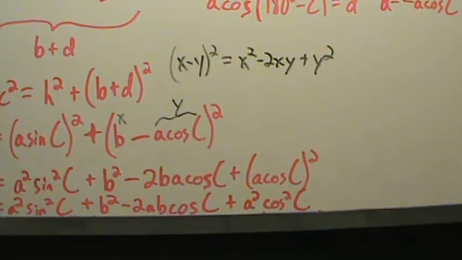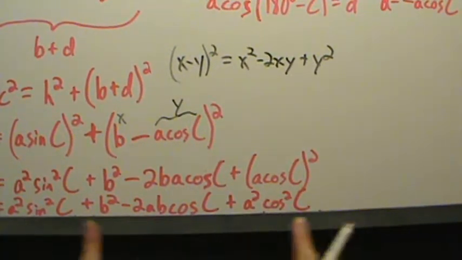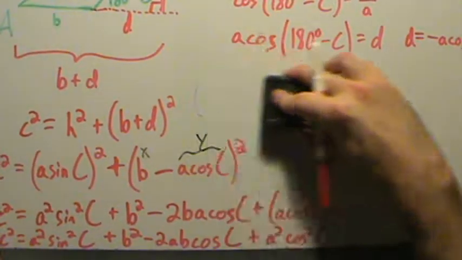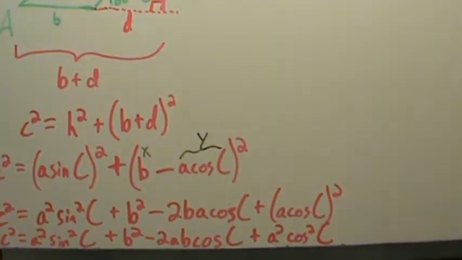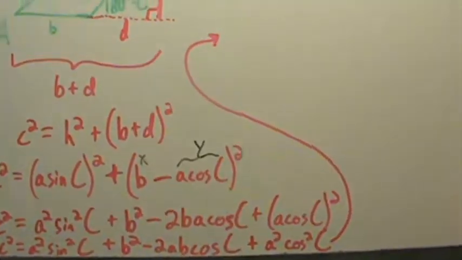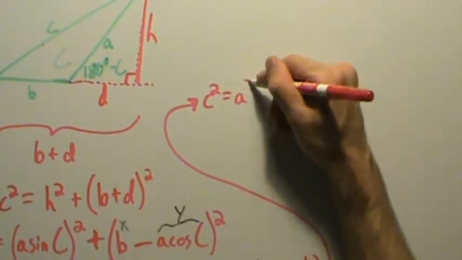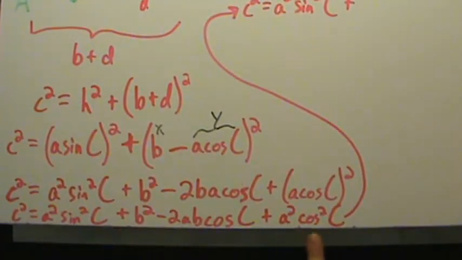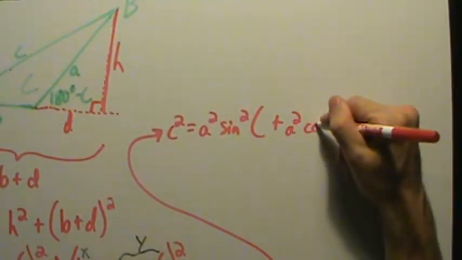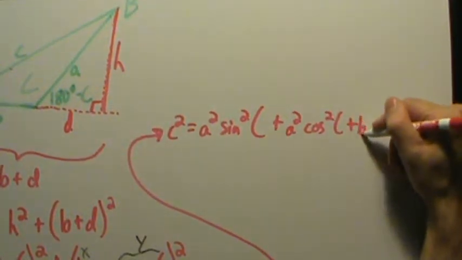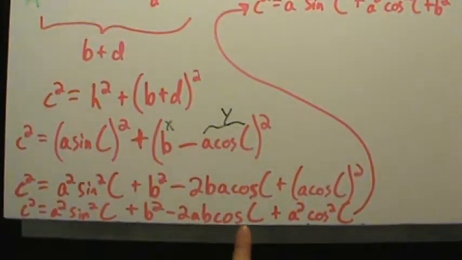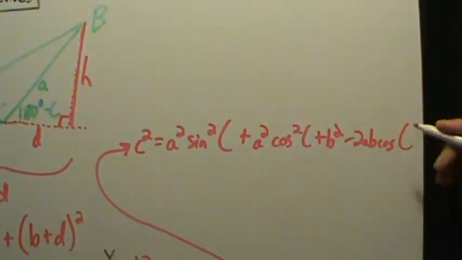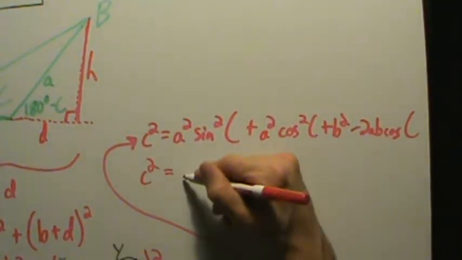So then what we have is this type of mess that we had before, and now what we're going to do is put this guy together with this guy, and we're really out of room up here. So then what we get is c squared equals a squared sine squared of c, and we'll put that guy with this guy, a squared cosine squared of c, and then plus the b squared minus 2ab cosine of capital C. So then c squared equals a squared.